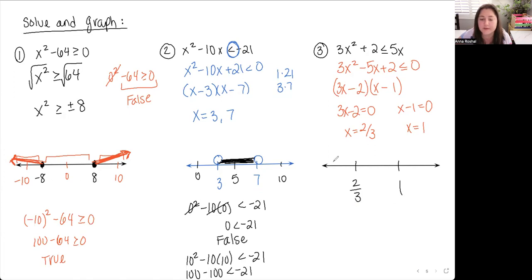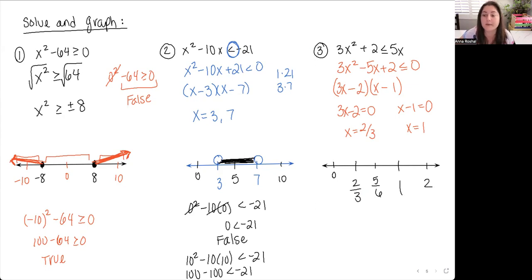I also know that 0 is somewhere over here, and 2 is somewhere over here. Now, this is where it gets a little tricky. I can put something in here like 5/6. The reason I know 5/6 can go here is that 2/3 is the same thing as 4/6. Something that's larger than 4/6, but not quite 6/6, is 5/6.